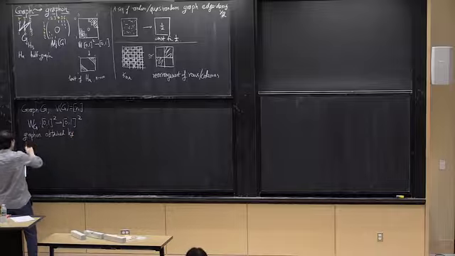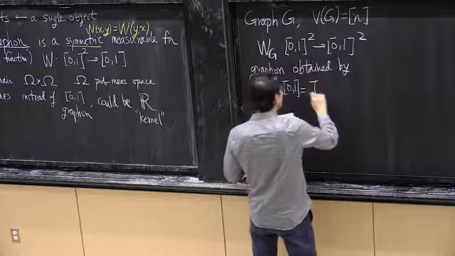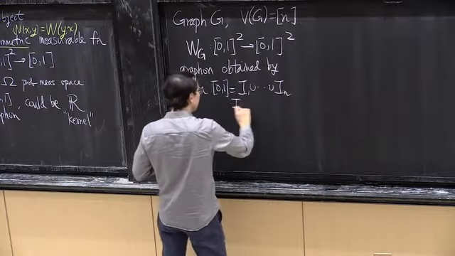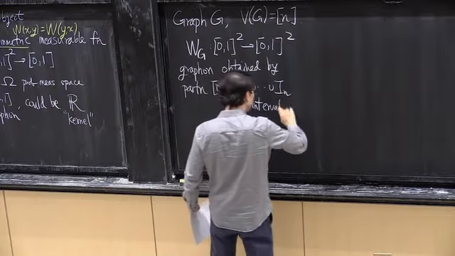First, you partition the interval into intervals of length exactly 1 over n.